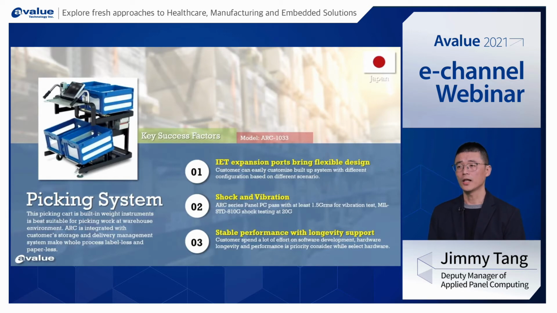Actually, for this picking system, the customer wants to make their warehouse paperless and labelless. So they are looking for a system with very high shock and vibration tolerance, and also a lot of I/O that can connect to devices like barcode scanners and label printers.